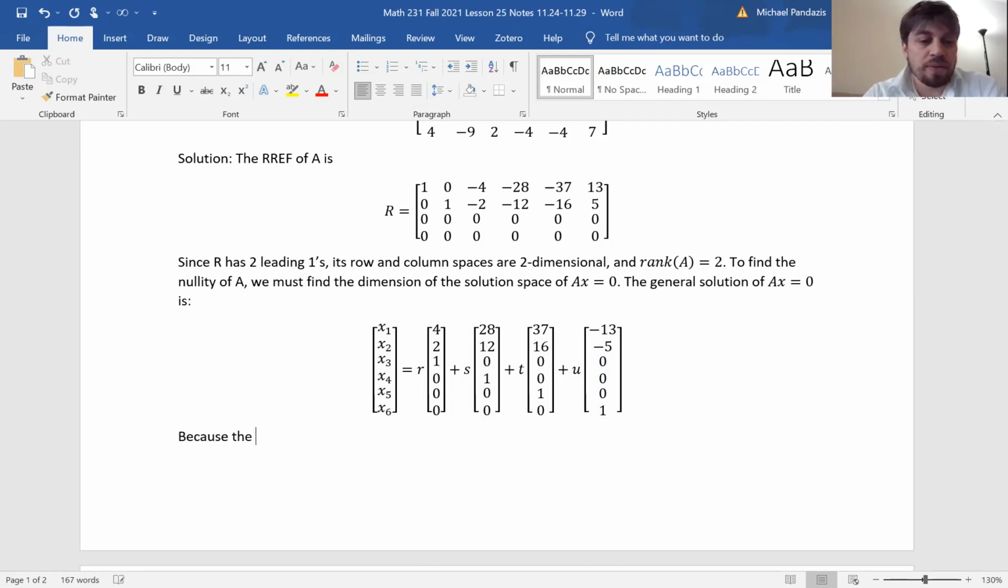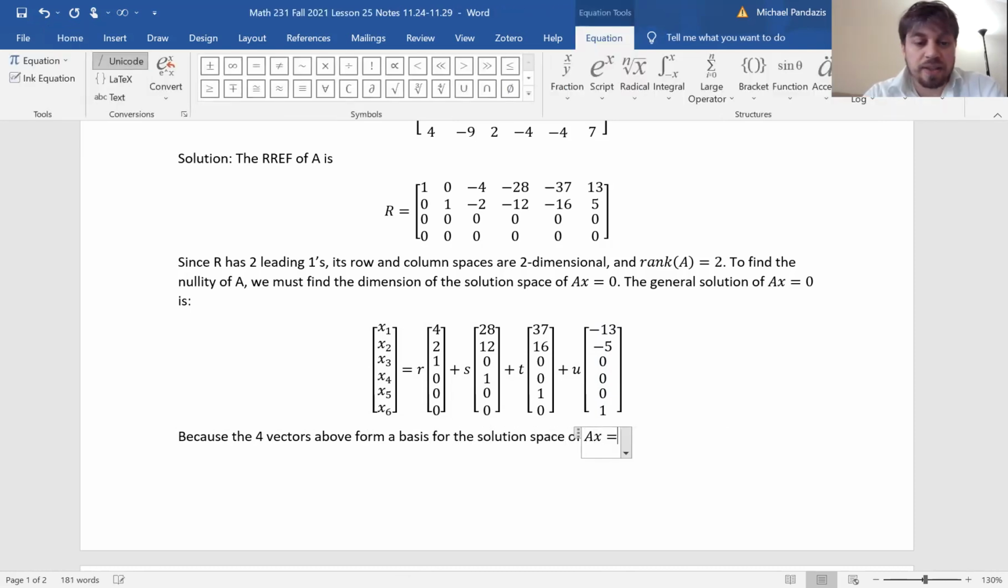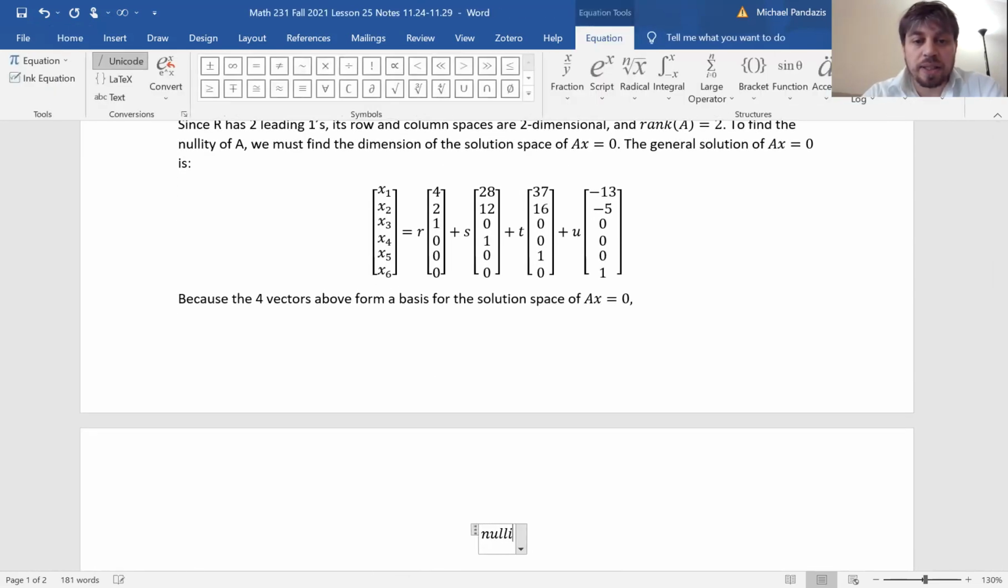Because the 4 vectors above form a basis for the solution space of AX equals 0, the nullity of A, the dimension of the solution space, is equal to 4.